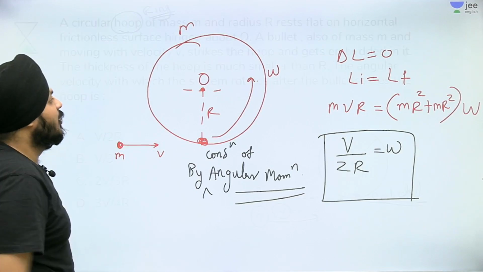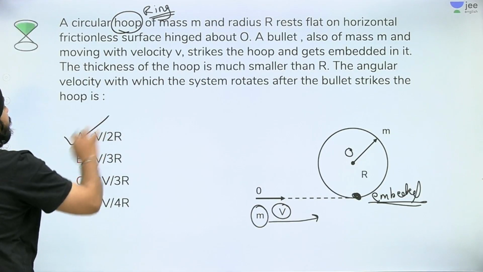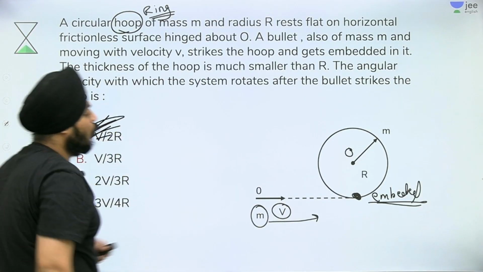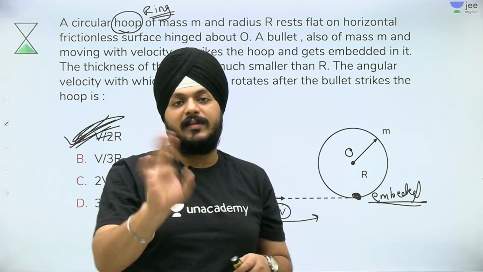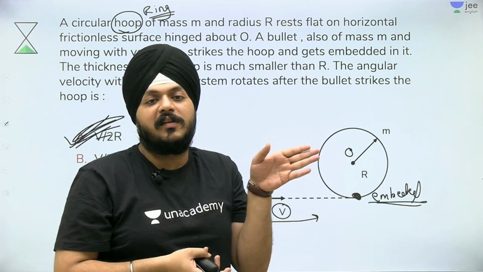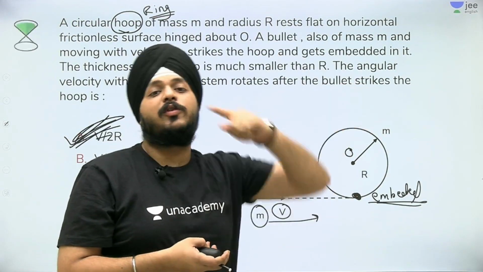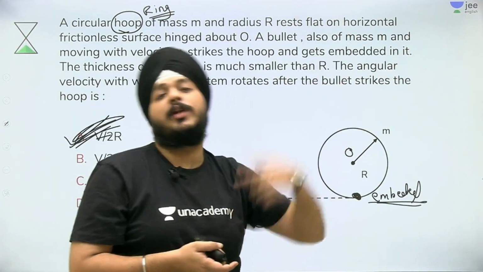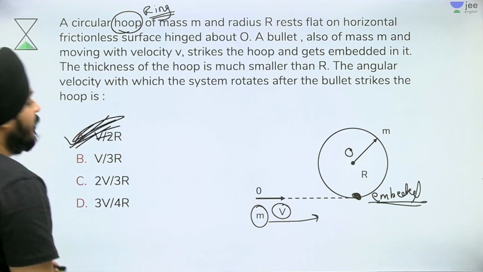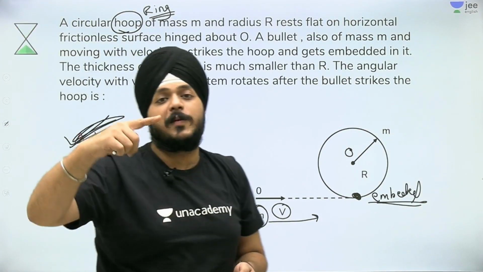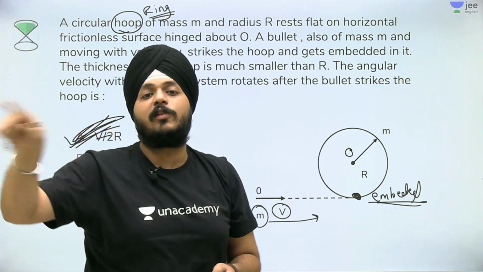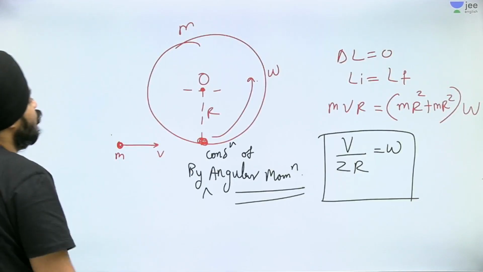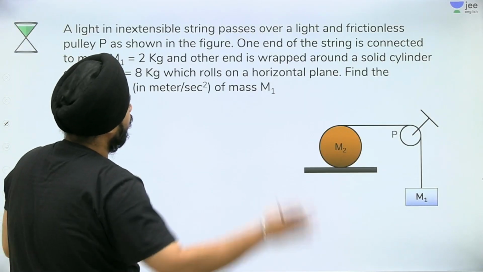So this is my answer. There are two types of angular momentum: the first is decided by the translational motion, and the second by the rotational motion. If the system is performing both translational and rotational motion, then the resultant is L translational plus L rotational. Moving forward to the next sum.